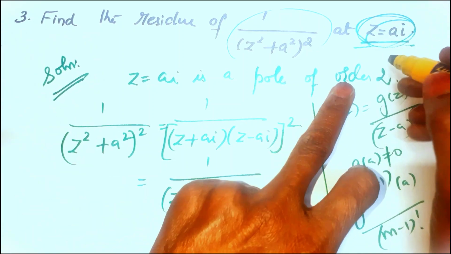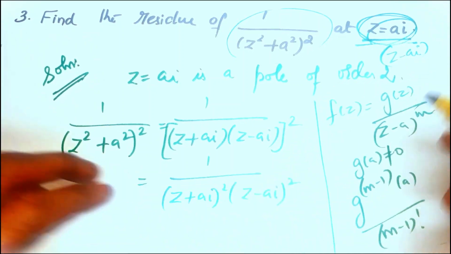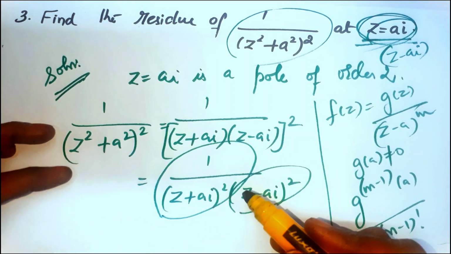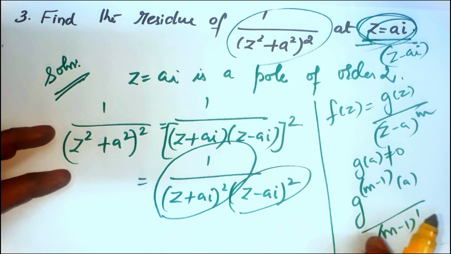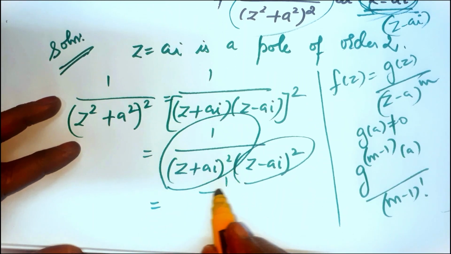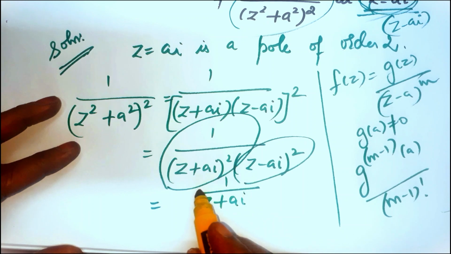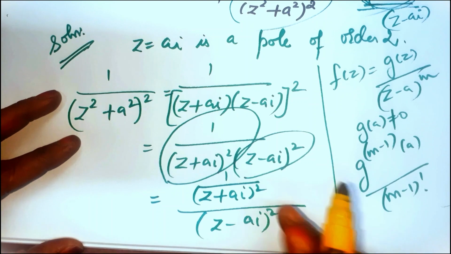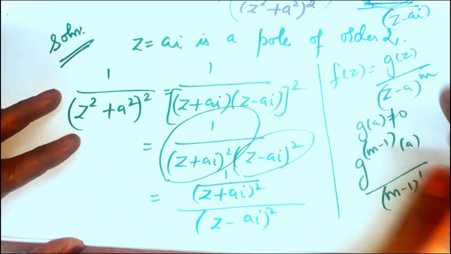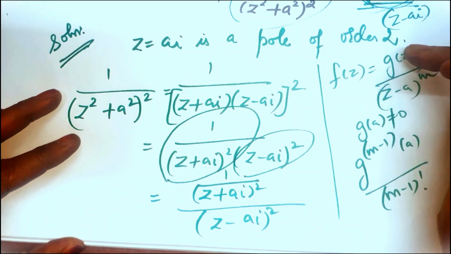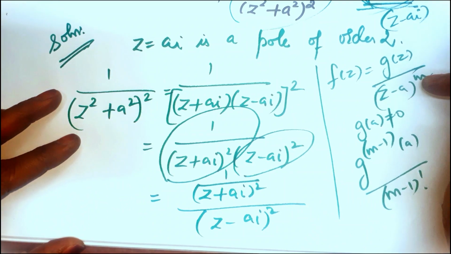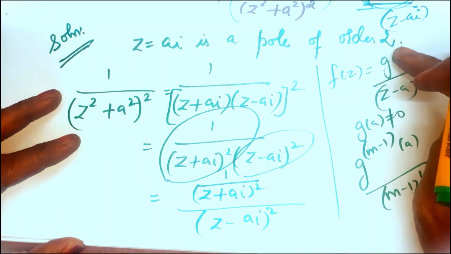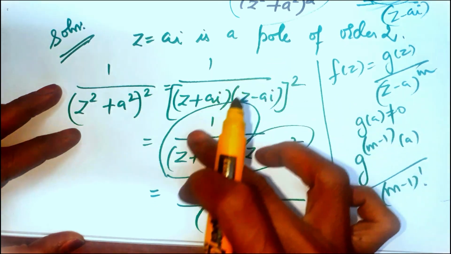The factor for this pole is z minus ai, so keep this term in the denominator and all the other terms together in the numerator. So I rewrite this as 1 by (z plus ai) the whole squared, divided by (z minus ai) the whole squared. We need the format g of z by (z minus a) the whole power m. Whichever pole we calculate comes in the denominator, and the other terms we take in the numerator.